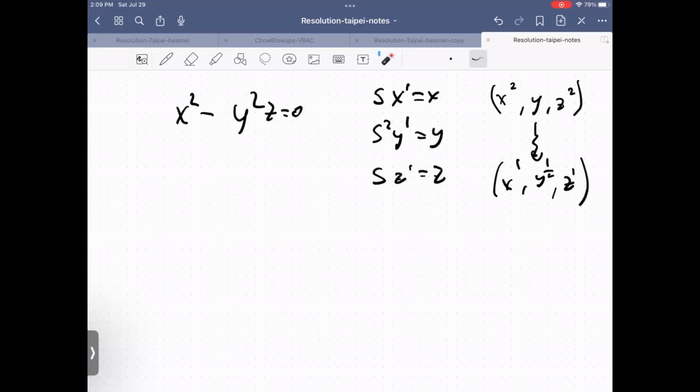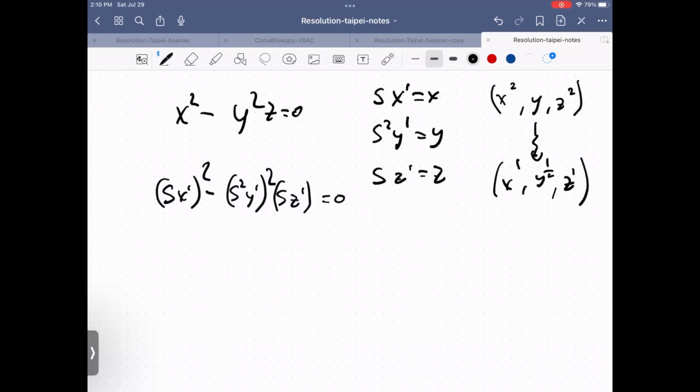Okay, so let's just plug in and see what happens. So I plug in s x prime for x, I get s x prime squared minus s squared y prime squared times s z prime equals 0. I can pull out s squared here, and I can pull out more than s squared here, but okay, so only s squared comes out. And I think I have s to the 3rd y prime squared z prime.